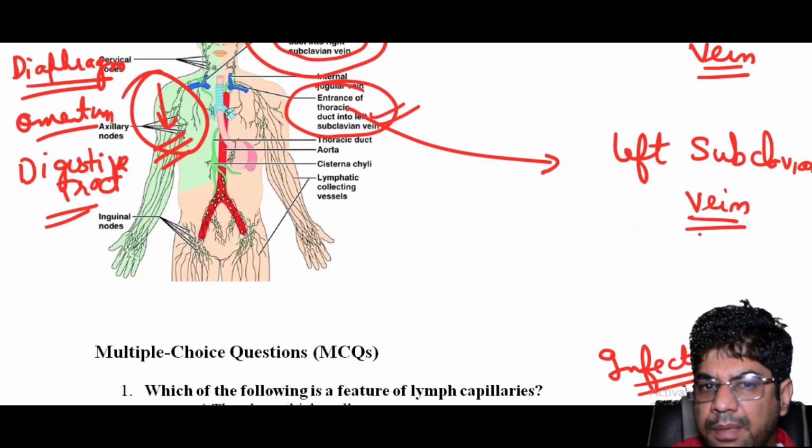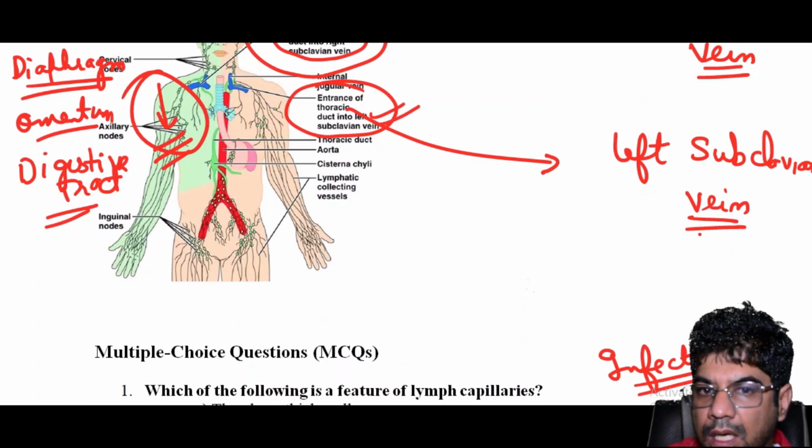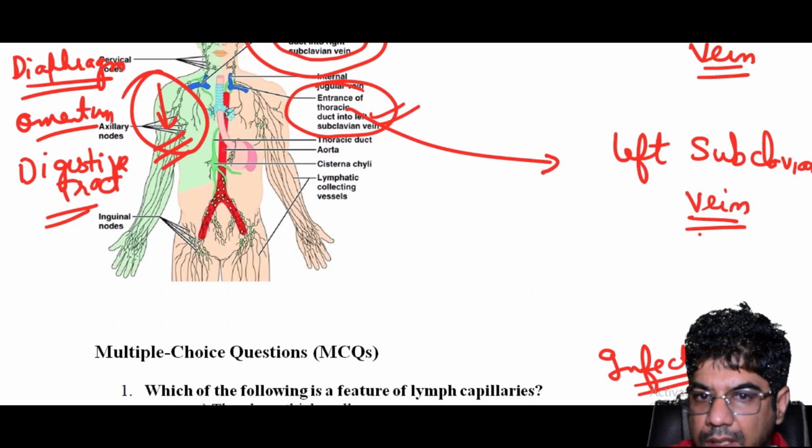Now let us discuss the formation of the lymph. The lymph is formed from the interstitial fluid due to the permeability of the lymph capillaries.